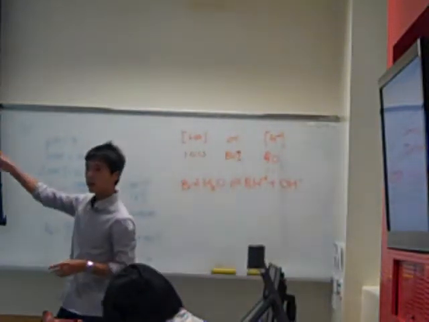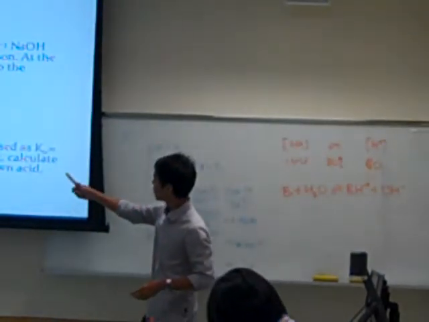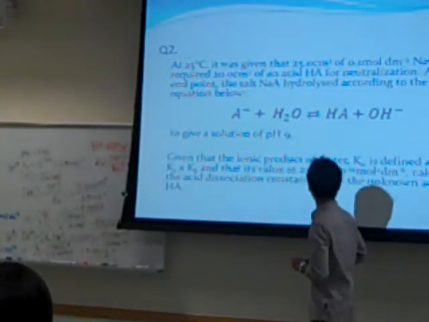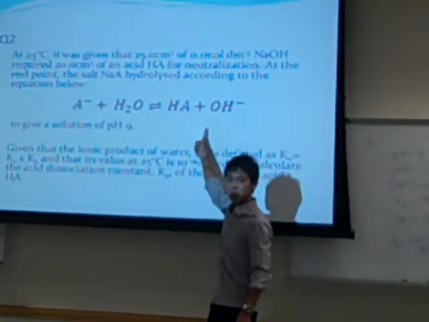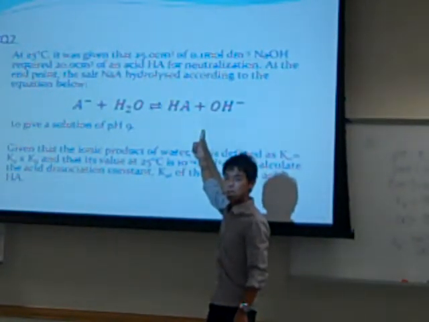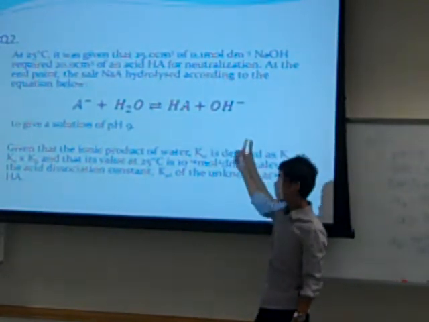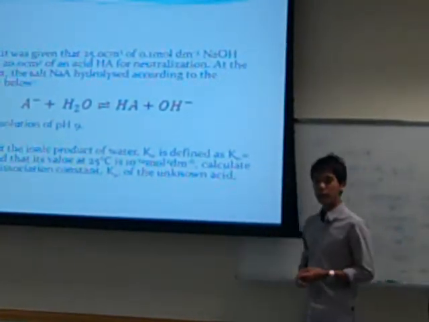However, here it's a little bit different, and you are given the Kw, which I have not taught yet. But they give you the definition of Kw to be Ka multiplied by Kb. So you are supposed to find the Ka, but this expression seems to be for Kb, because you have hydroxide ion on the right hand side. So you have to make use of this relationship between Kw, Ka, and Kb.